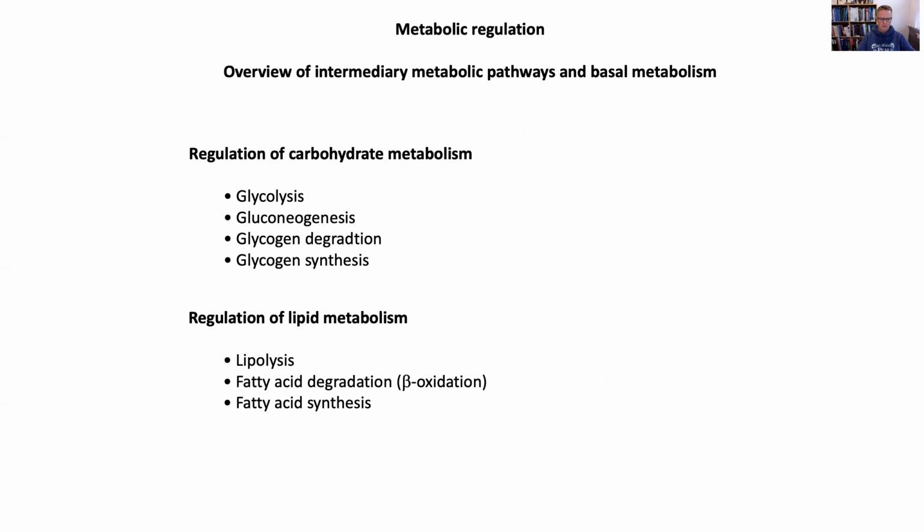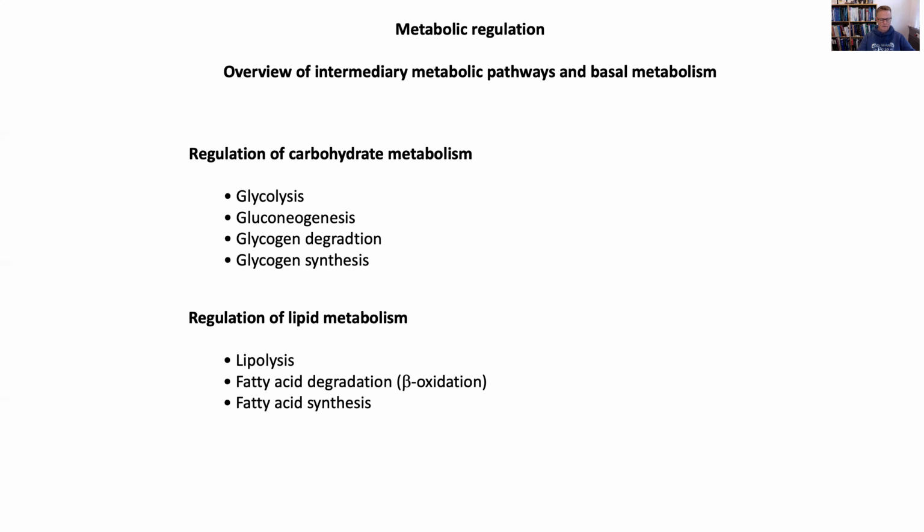So I will initially give you an overview of how these two parts of metabolism are connected to each other, and then later focus on how glycolysis and gluconeogenesis are regulated, and of course also touch upon how glycogen metabolism is regulated.